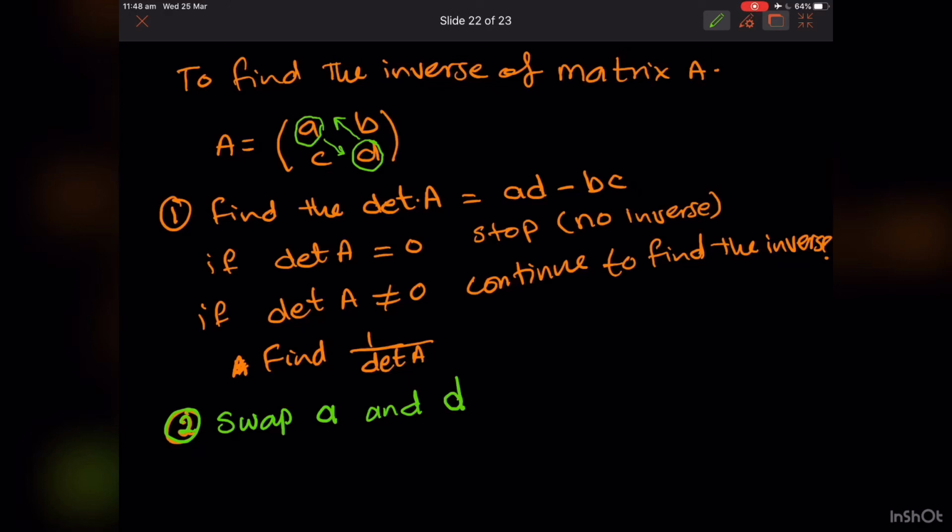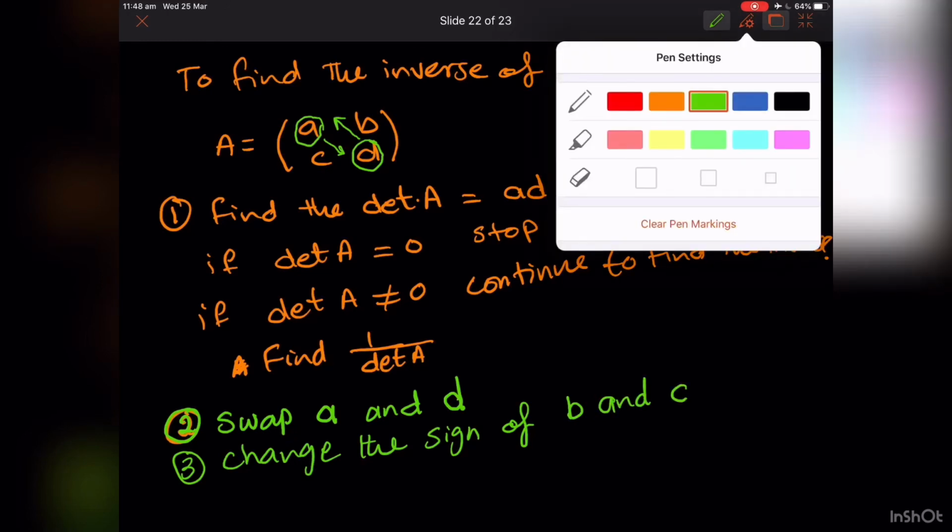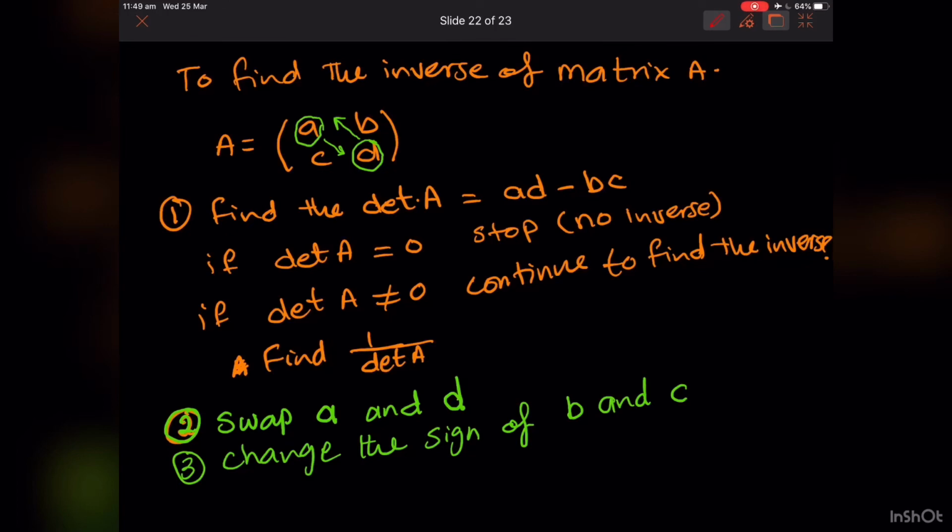And also you need to change the sign of B and C, which is this and this. So if they are positive, they will become negative. If it's negative, it will become positive, and vice versa.